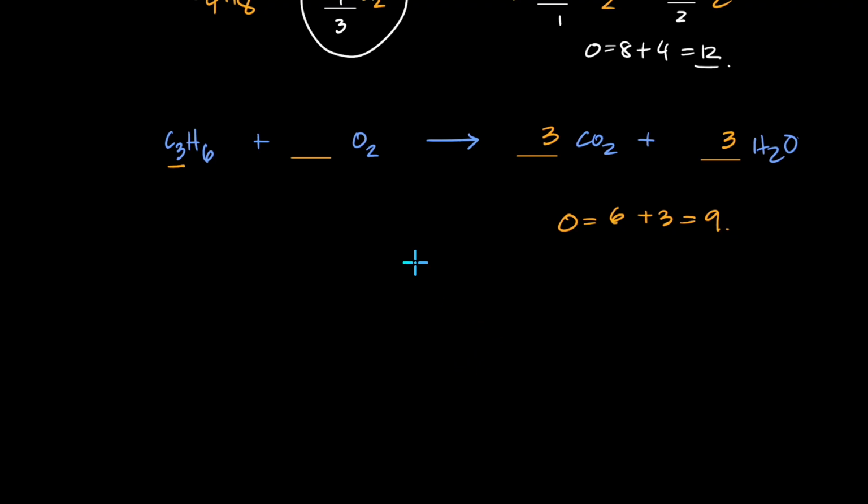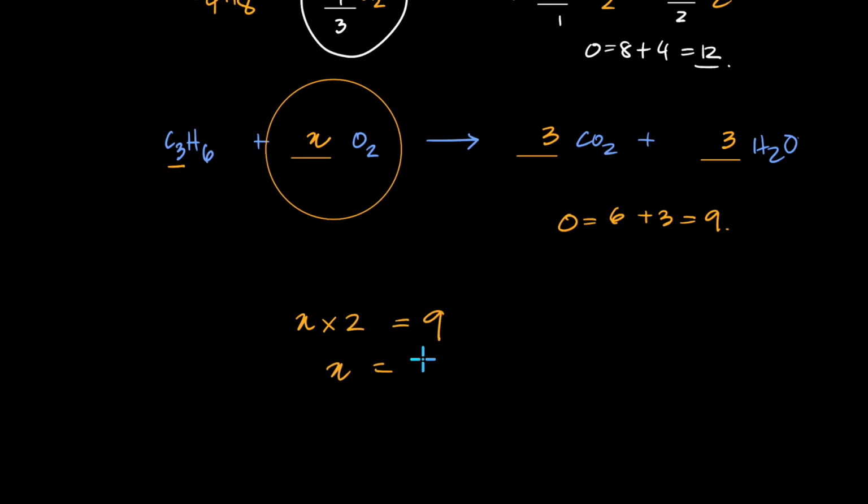9. I want this, or whatever this number is, x times 2 needs to equal to 9. So if x times 2 has to equal to 9, what is x? 9 over 2. So 9 over 2 times 2 is 9. And why did I want 9? Because the right hand side has 9 oxygens.